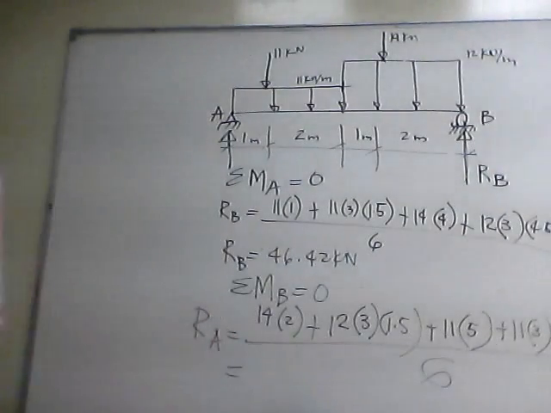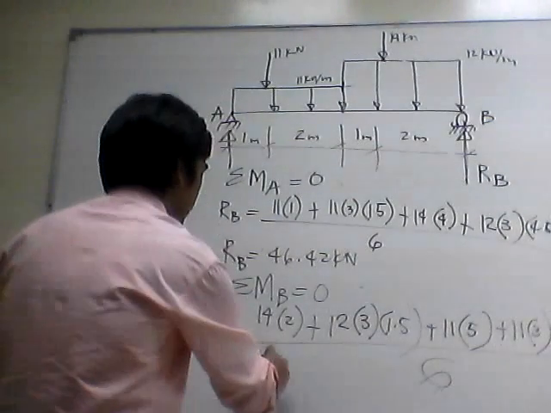And that will give you RA to be 47.58 kilonewton.